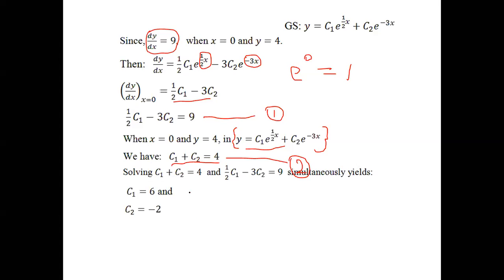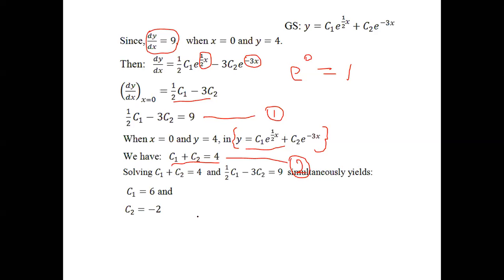If you do it correctly, we expect that the values of your unknowns will be 6 and -2. How you label them doesn't matter, as long as they are different. So here we are calling them c1 is equal to 6 and c2 is equal to -2.